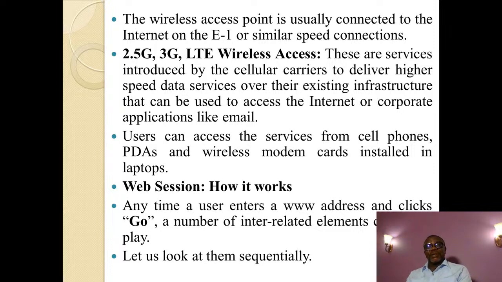Now, new things keep coming up. From Wi-Fi, the technology starts increasing in speed, and we started having what we call the 2.5G generation, 3G, and LTE wireless access. This LTE is what you know now as 4G.